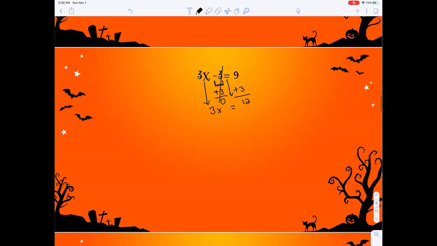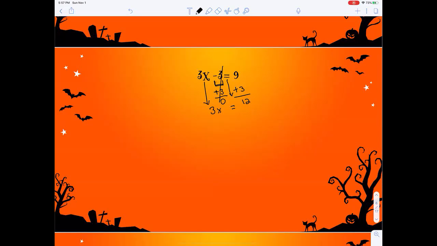Okay. So now I made sure that my variable was on one side and my numbers were on the other. So my last step, just like in the previous problem, this should look familiar. If this is 3 multiplied times x, that's what 3x means, equals 12. If I want to get x by itself, I want to do the opposite operation of what it has.